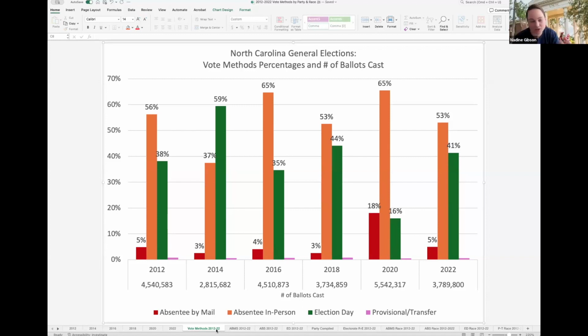It's not like they're just coming from Election Day voting, or that Election Day voters just moved into another category. There could be a new group in general. We know turnout was a lot higher, so there are like 2 million more people in that column that you were not seeing.